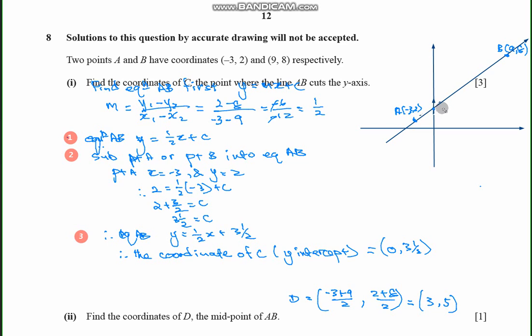Then there is the point C. C is actually 0, 3.5. Then you have D, which is 3 and 5. Okay, now let's move on to the next part.